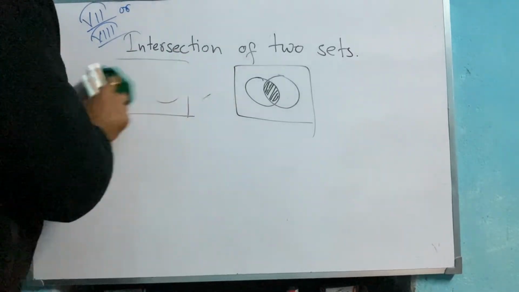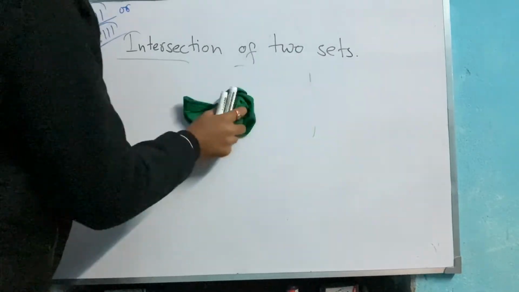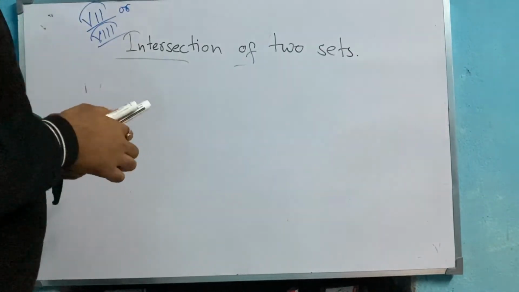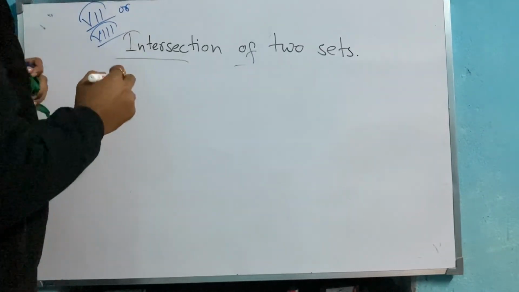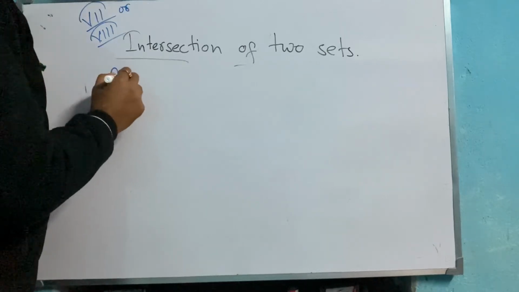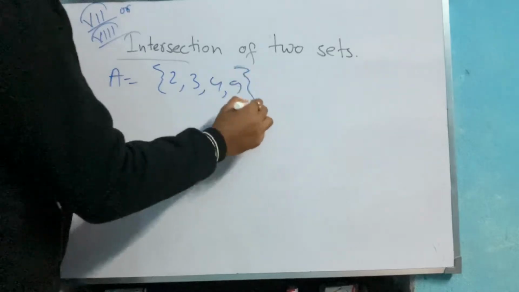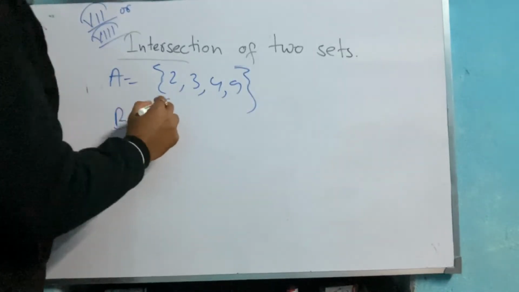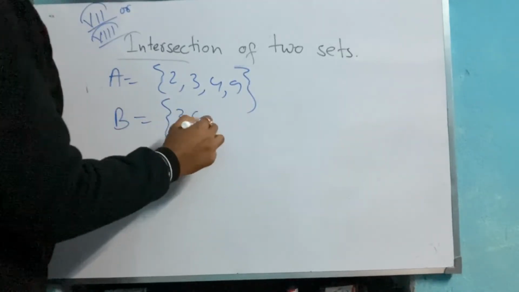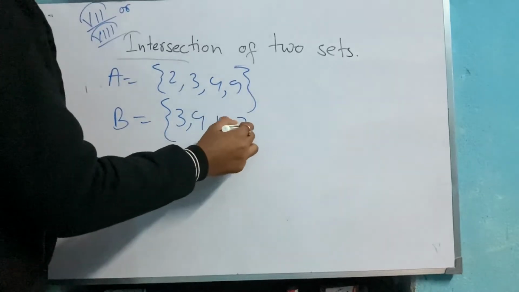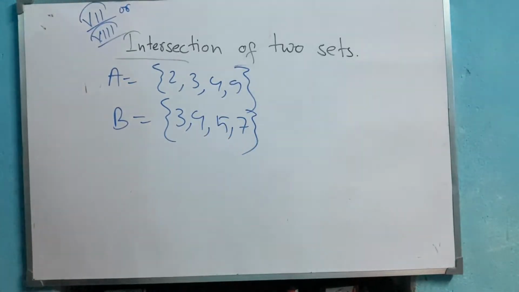Now let's take an example. Just imagine that A equals 2, 3, 4, 9, and B equals 3, 4, 5, 7. Now, what will be the intersection of these two sets?